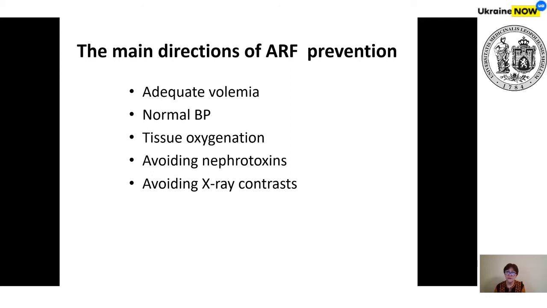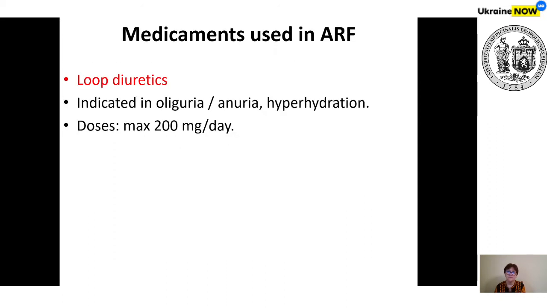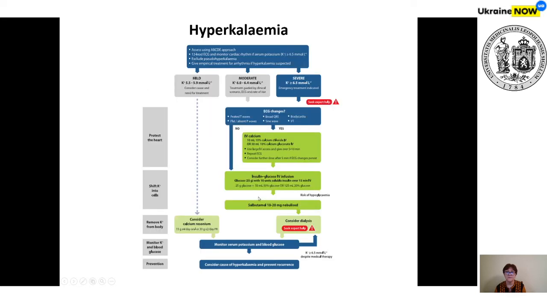So main guidelines put the accent on prevention. In the anuric or oliguric stage, in hyperhydration, you can try to stimulate diuresis using loop diuretics. But the maximum recommended dose of furosemide is 200 milligrams per day. If it's ineffective, you should suggest hemodialysis.